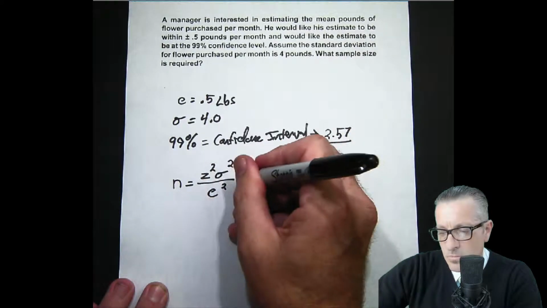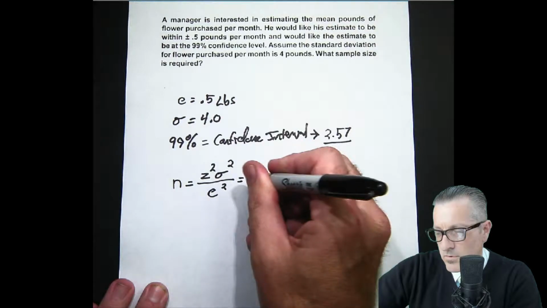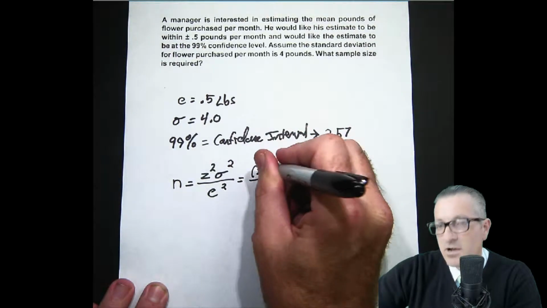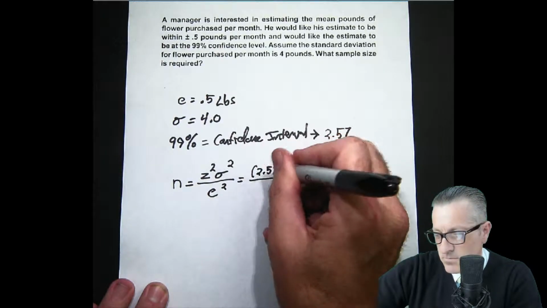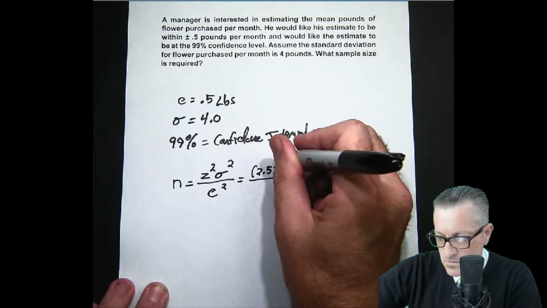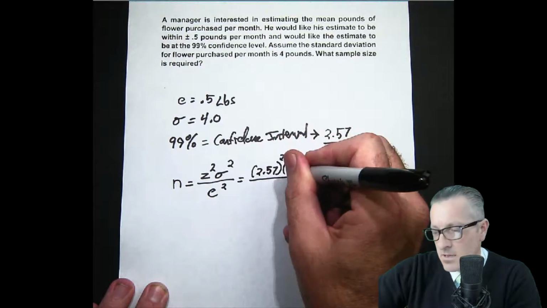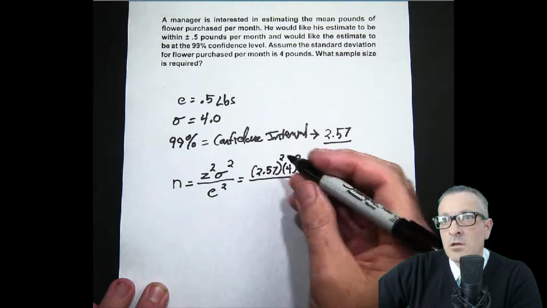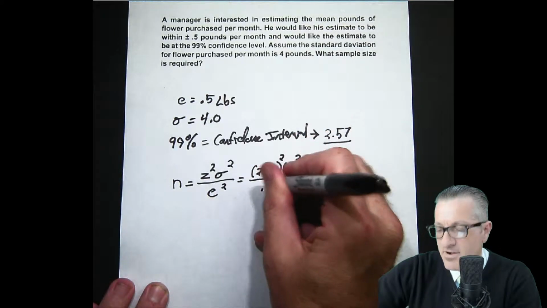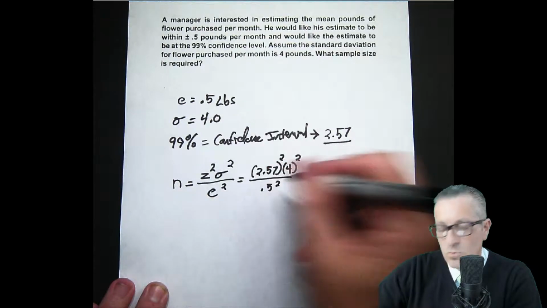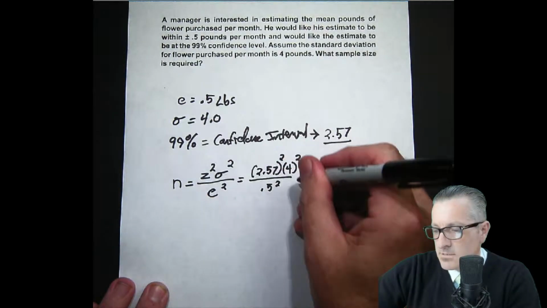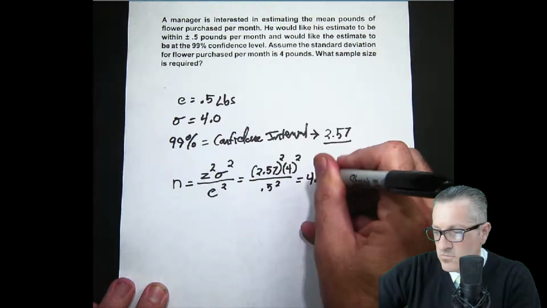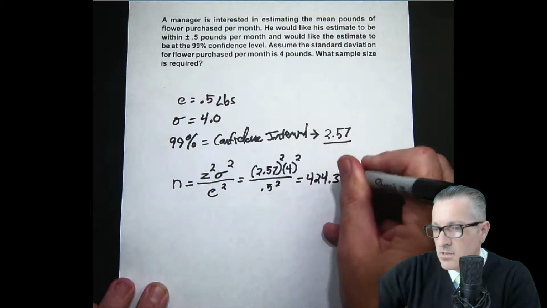And for our problem, it is 2.57 squared multiplied by 4 squared, divided by our error, 0.5 squared. And this ends up equating to 424.36.